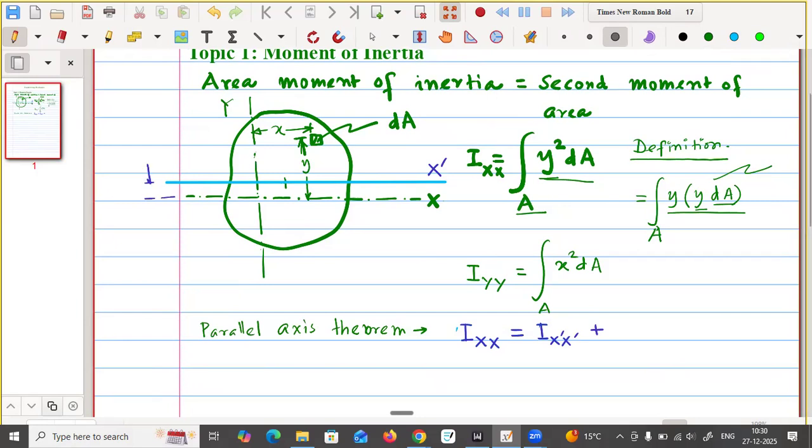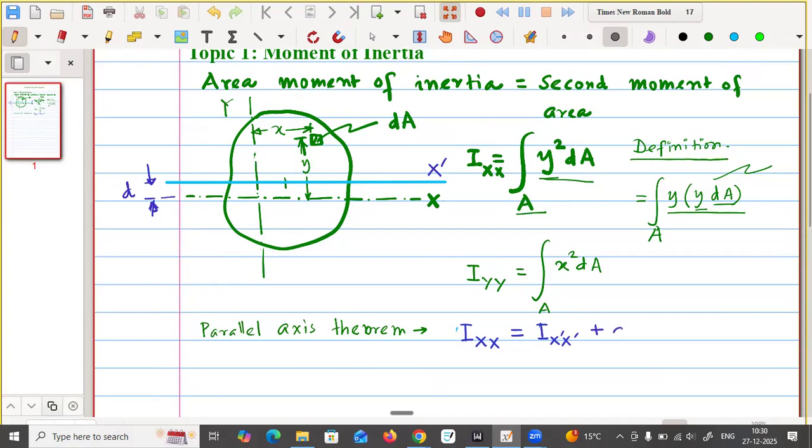So this is, say, some distance d, you can write simply d, the distance between these two axes that are parallel.